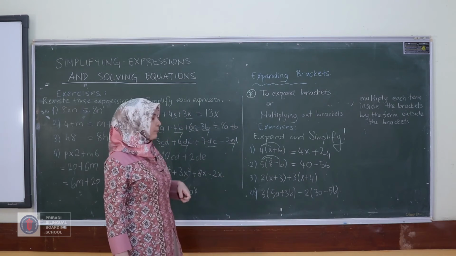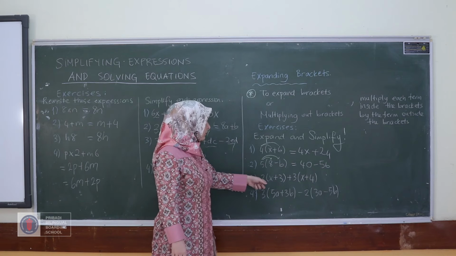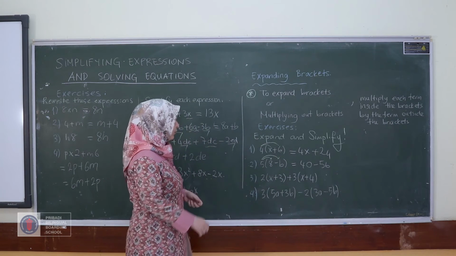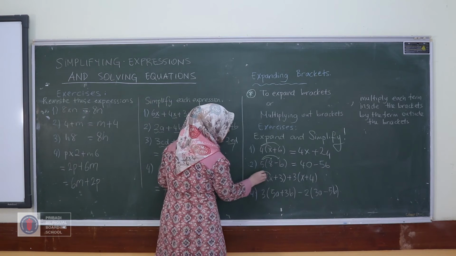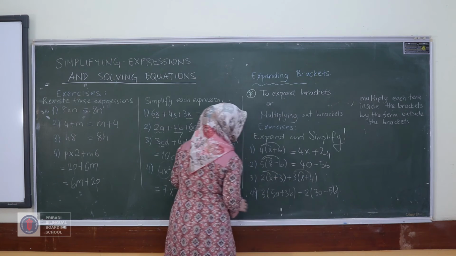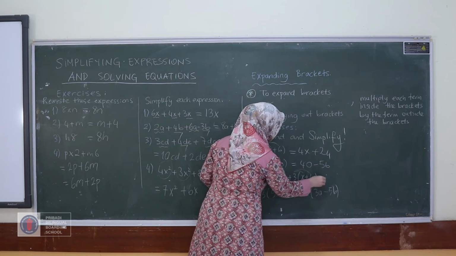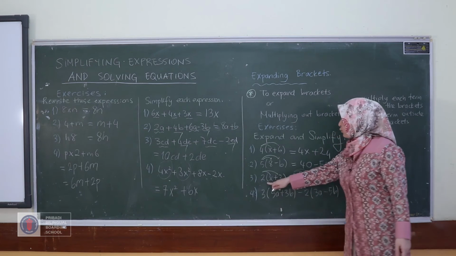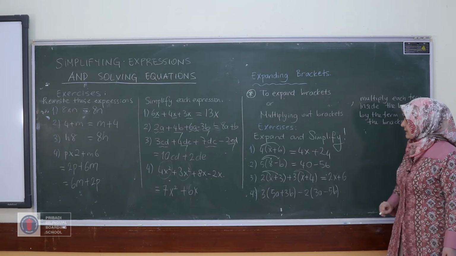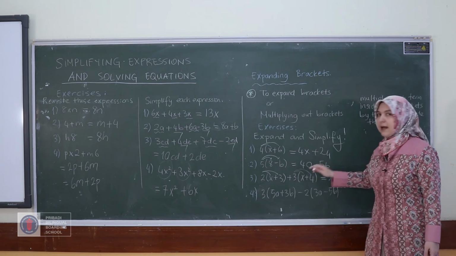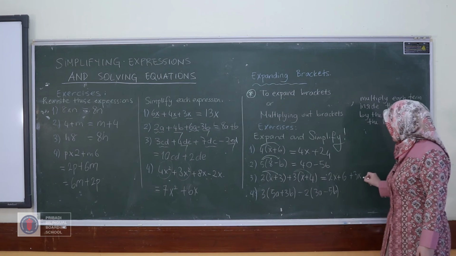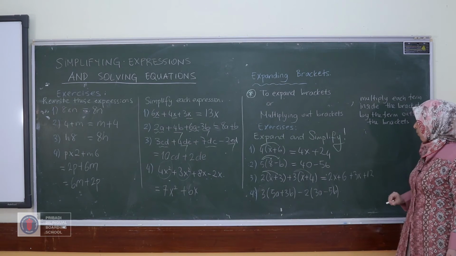And the next one, number 3. We will multiply both x and 3 by 2 here. And for the next one, we will multiply x and 4 by 3. Let's continue. 2 times x is 2x plus 2 times 3 is 6. And then the next one, 3 times x, 3x, 3 times 4 is 12.